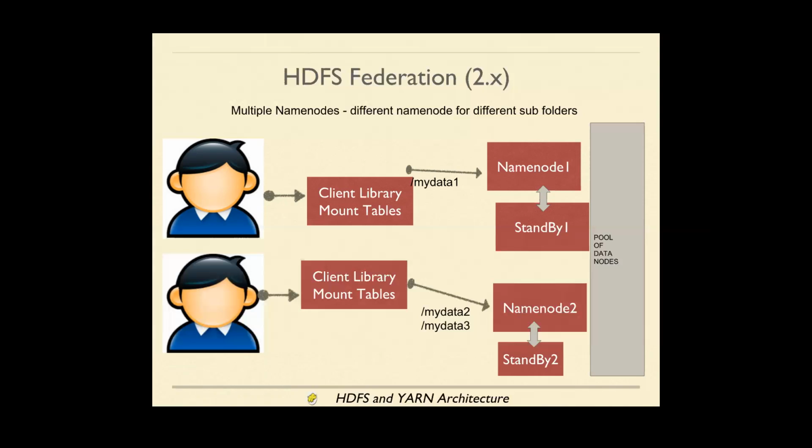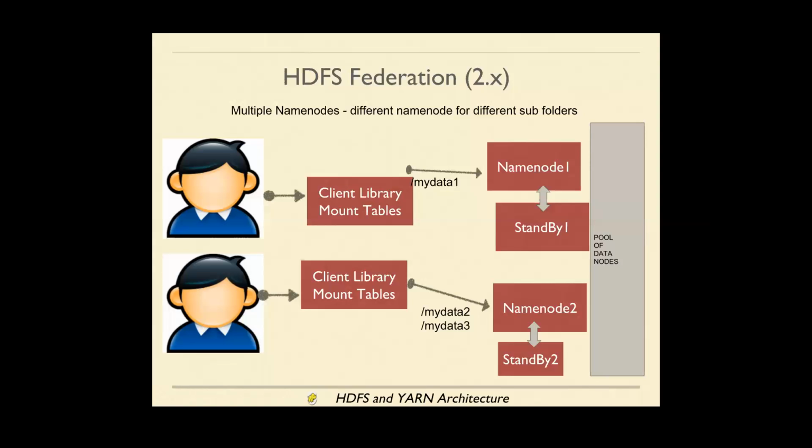For the end user, it wouldn't be a hassle, because the end user will talk to the client library, and the client library will look into the mount tables. A mount table is a file.